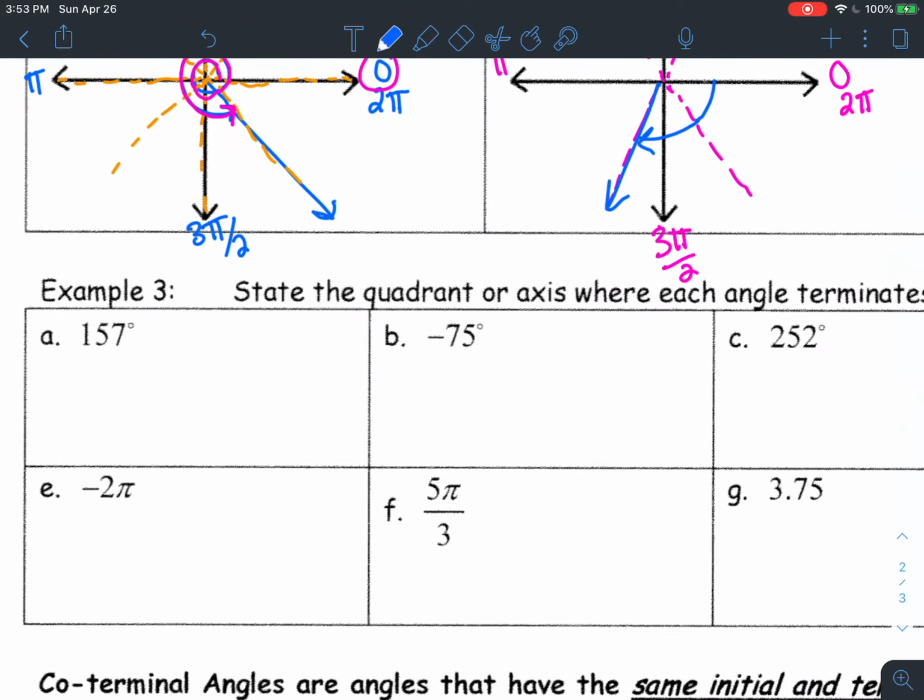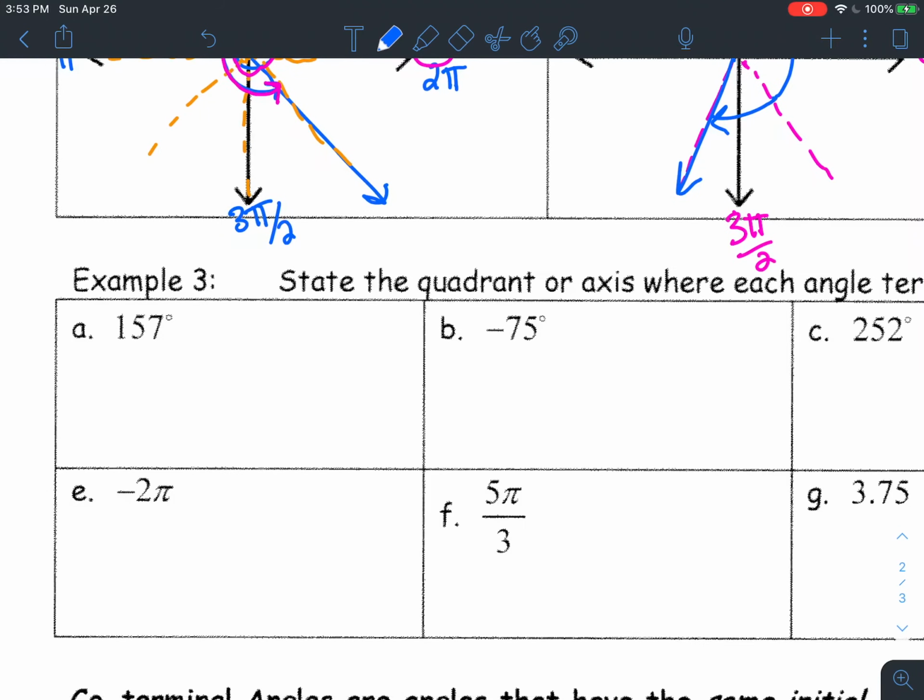You're just telling me which of the four quadrants the angle is terminal on, or if it's on an axis, you would just say, oh, that's on the positive x-axis, or that's on the negative y-axis.